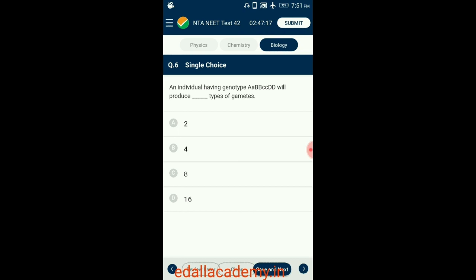Monohybrids will produce only two types of gametes. The two types of gametes in this example are capital A, capital B, small c, capital D, and small a, capital B, small c, capital D. So the correct answer for this question is option A, 2. An individual having this genotype will produce two types of gametes.